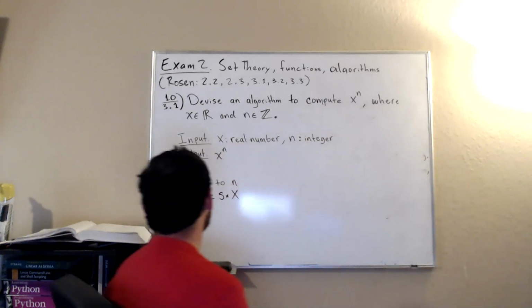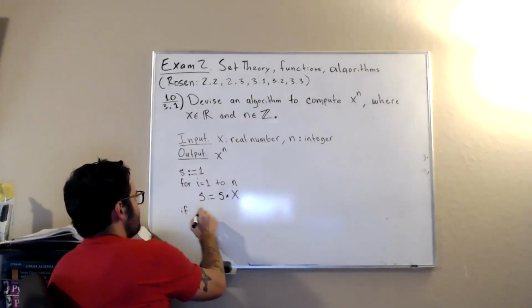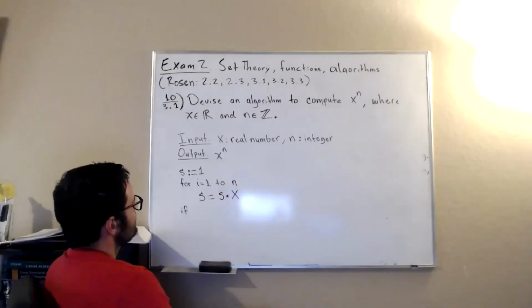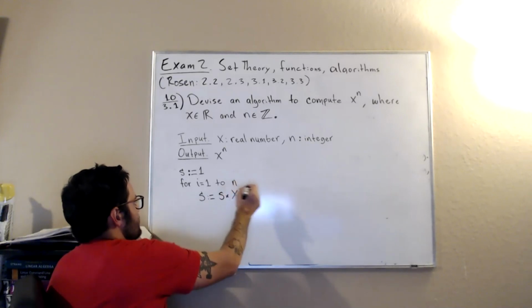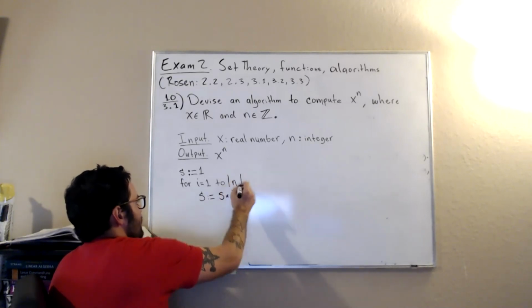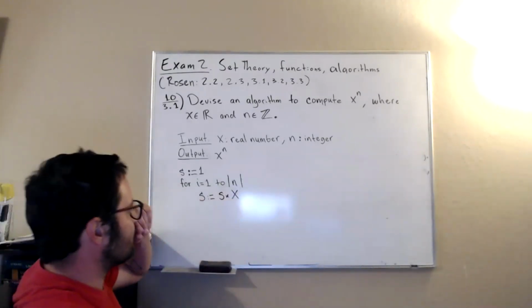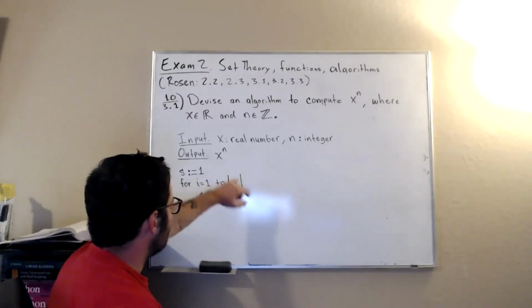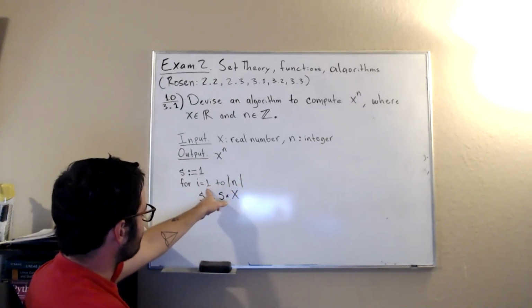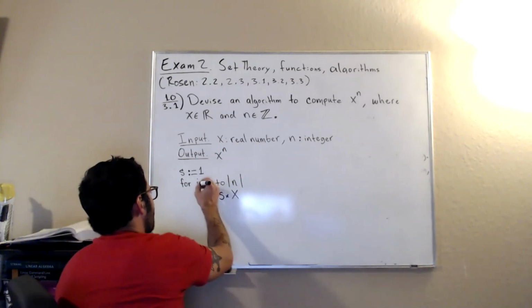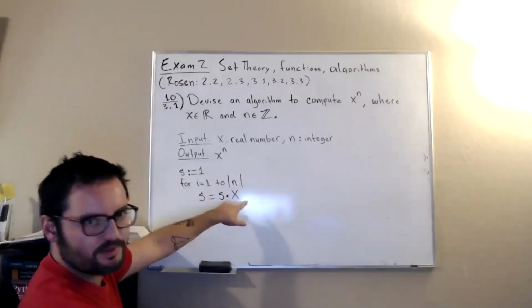Now, then you have to have an if statement. Here, I want to take the absolute value of n, because if n was negative, then this for loop wouldn't make any sense. So from i equals 1 to the absolute value of n, I want to multiply x by x by x by x.